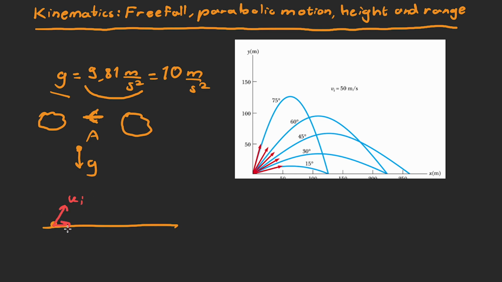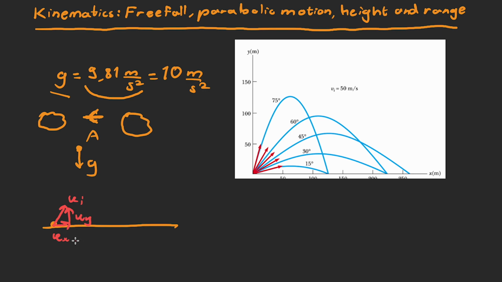First of all, we can figure out the components of the initial velocity, the horizontal and the vertical components. Why is that important? Well, because since we can't really deal with the singular velocity with our equations, it's easier to divide them by the horizontal and the vertical.